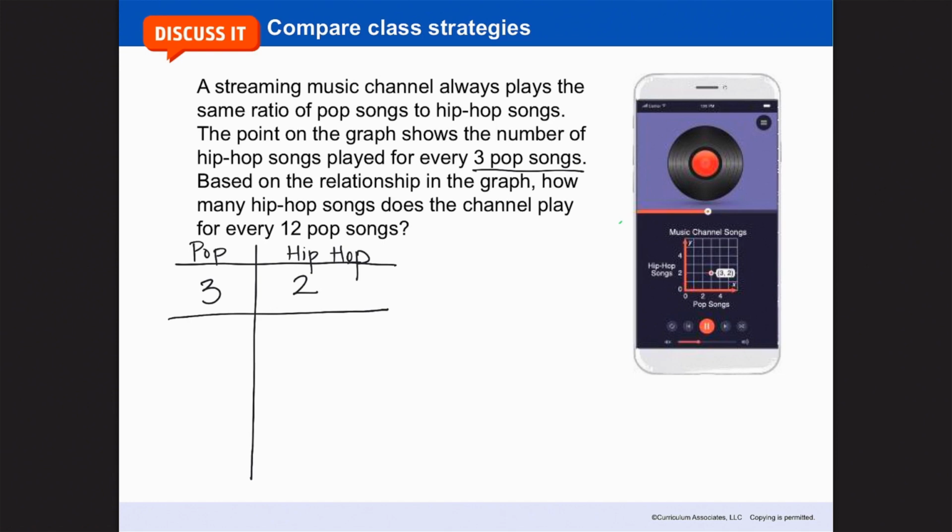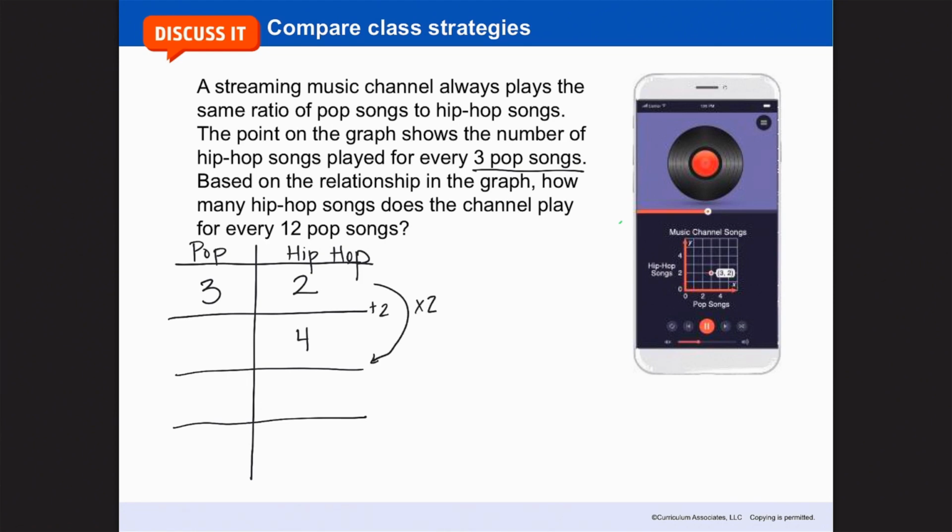Okay. So now I can go ahead and fill in my table using my knowledge of how a ratio table works. I know that this is going to be 4 because I'm either adding 2 or multiplying by 2.